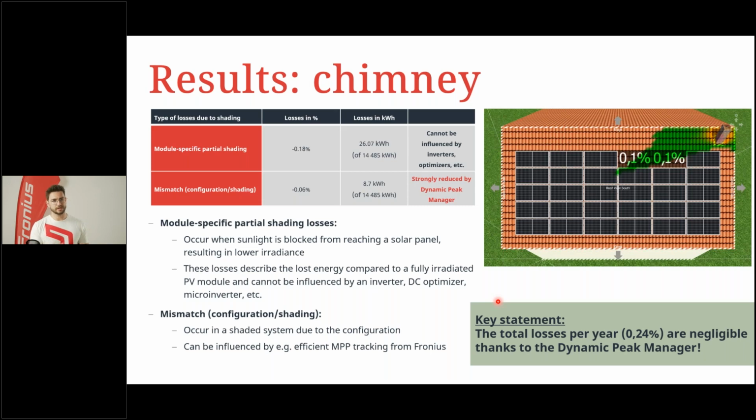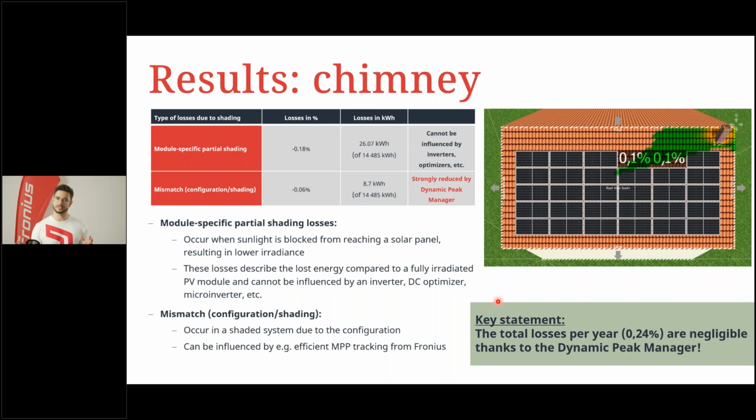And these kind of losses, they are permanent. We can't do anything about it. Not even a DC optimizer or any kind of solution would resolve these kind of losses. They are just there because there is not enough irradiation on the module, right? So it's about 26 kilowatt hours that we lose here over a period of a year. 26 kilowatt hours. So 0.18%.